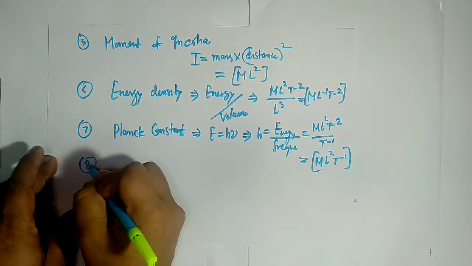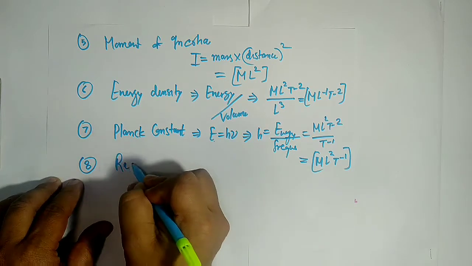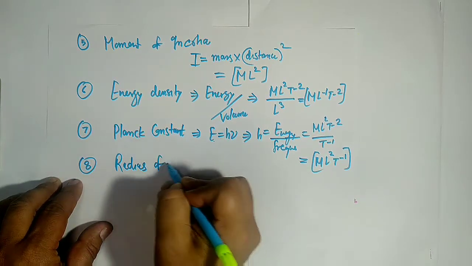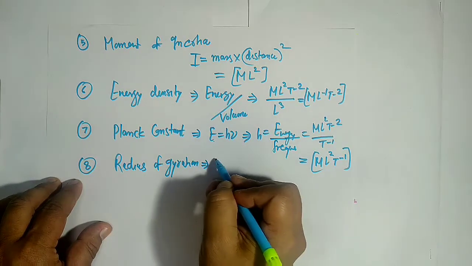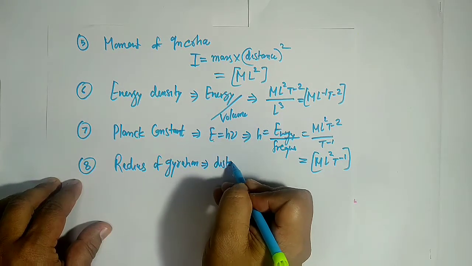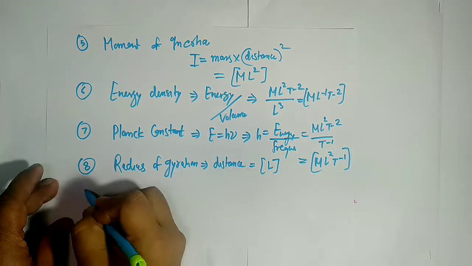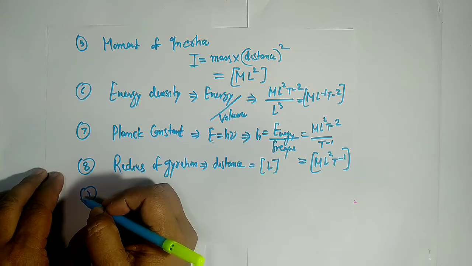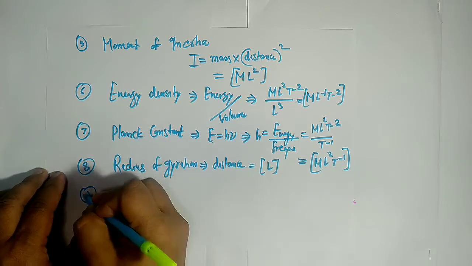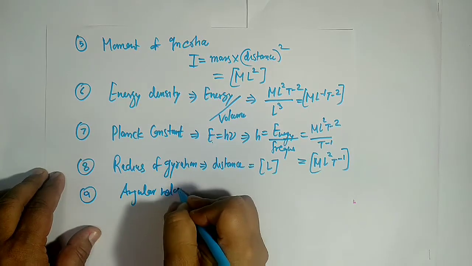And in this way we can find out the radius of gyration. Now there is another quantity which will come in class 11th. Radius of gyration is actually a distance, a length, so directly I am going to write L. And then if I ask you what will be the angular velocity, angular velocity is also going to be in your syllabus.